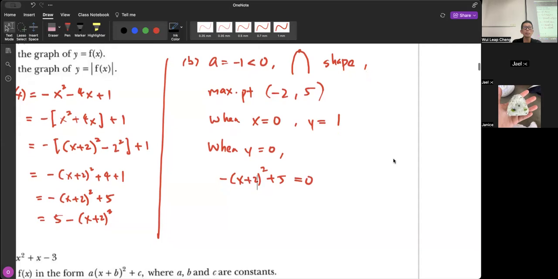So how to solve this? Move 5 first. So this one is 5. Then square root, correct. The Y part hasn't changed.